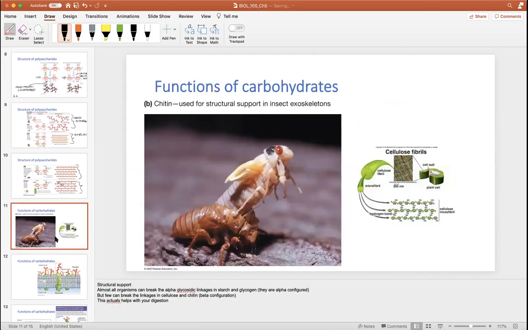I started talking about the functions a second ago, and I mentioned that one of the functions of carbohydrates is that they can be structural. They can provide structure. I mentioned chitin as an example, and I also mentioned cellulose.